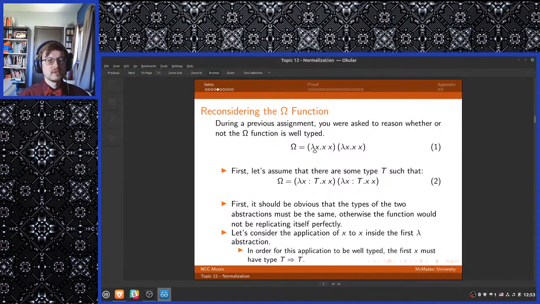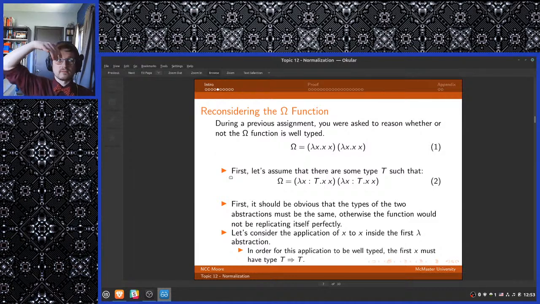The term itself is lambda x, x applied to x. As previously demonstrated, every time you evaluate the omega function, you get the omega function back. So it's an infinite loop. It will result in an infinite chain of evaluations which never terminate because you always get back the thing you put in.